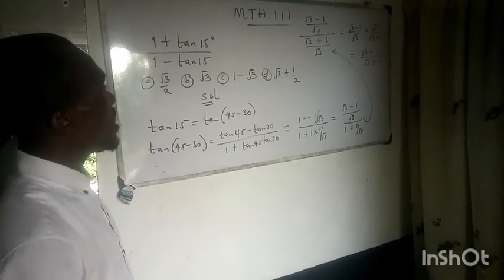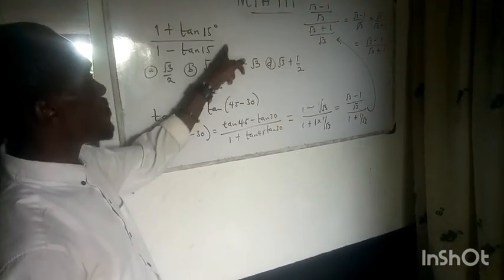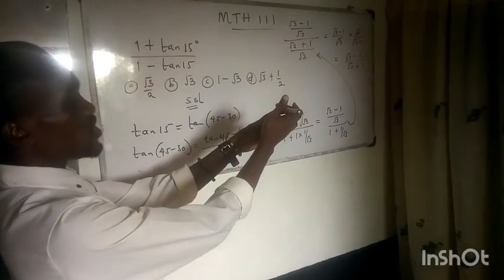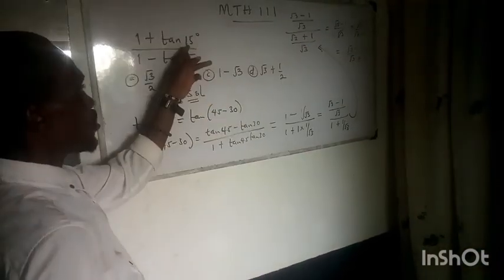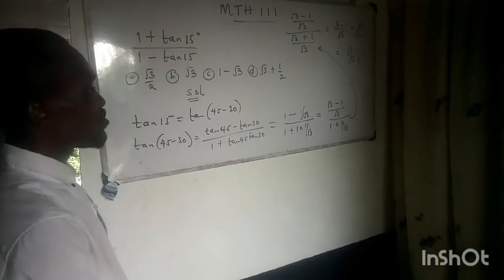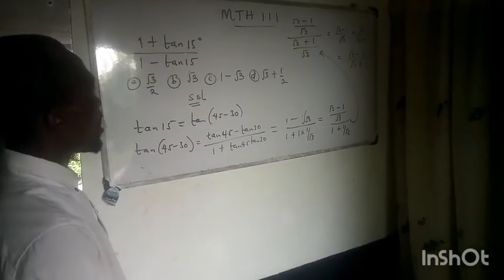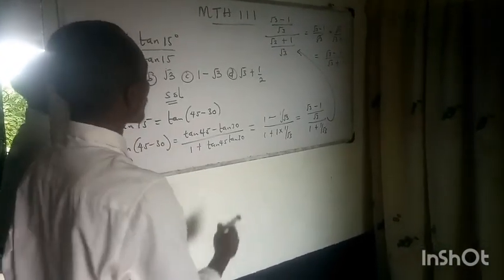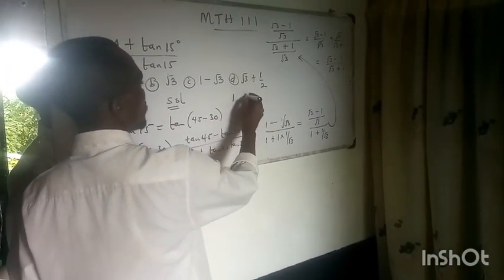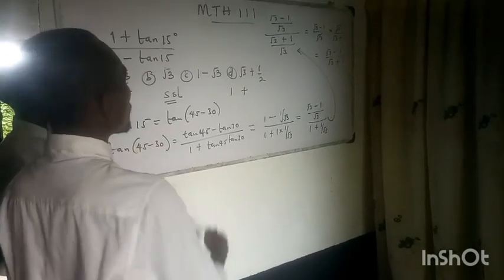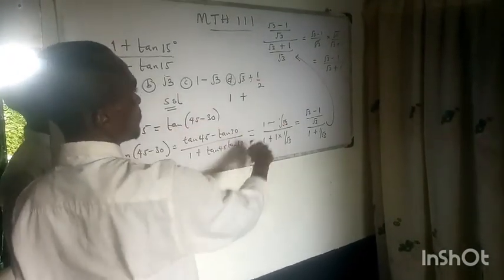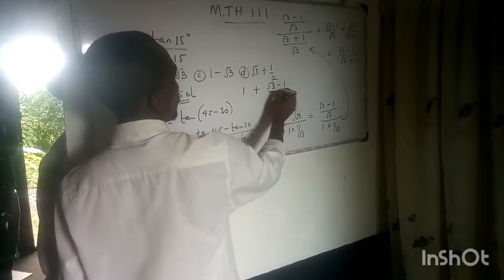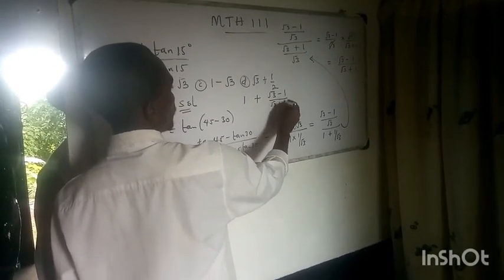But remember, this is what we want to evaluate. So we are going to carry the expression for tan 15 and return it back to this particular expression. And when we do that, we will have 1 plus, what is our tan 15? Tan 15 is root 3 minus 1 over root 3 plus 1.